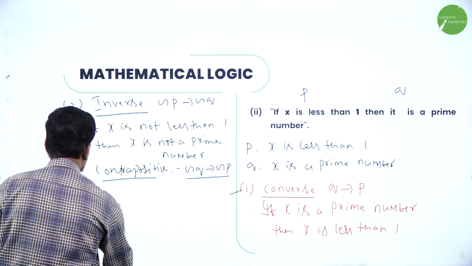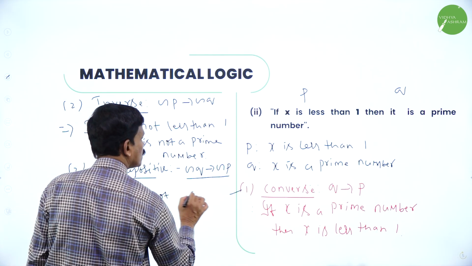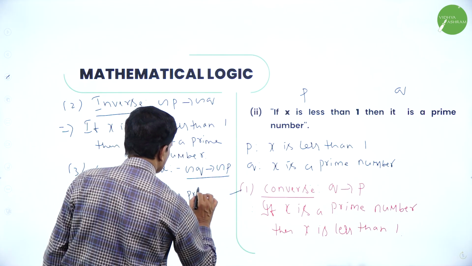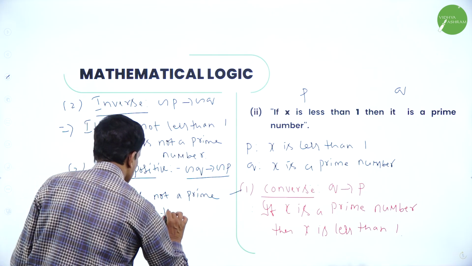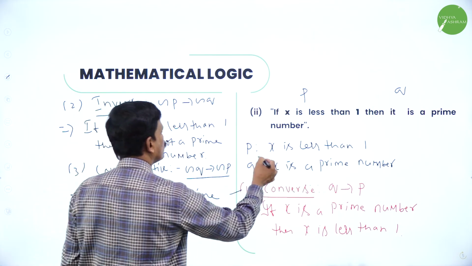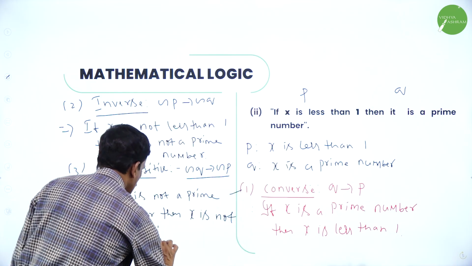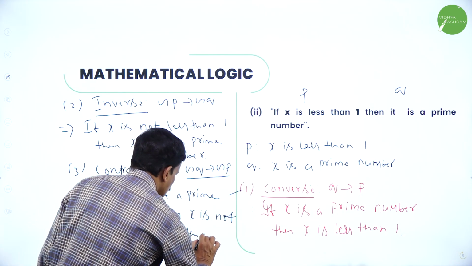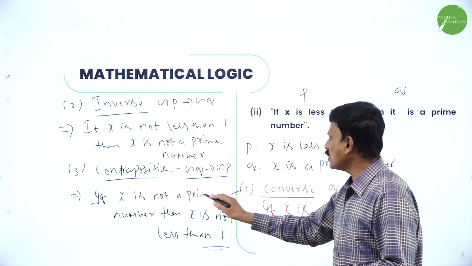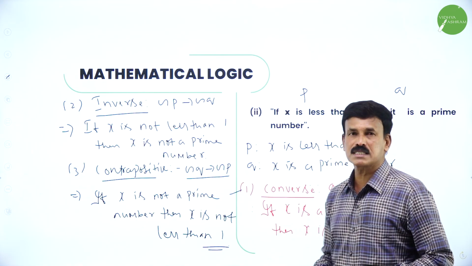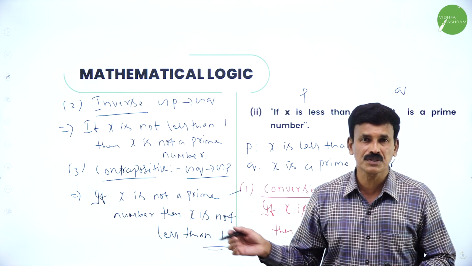So if x is not a prime number, then x is not less than 1. That's it. This is the contrapositive. This is how we are going to write the converse, inverse and the contrapositive for this given statement.